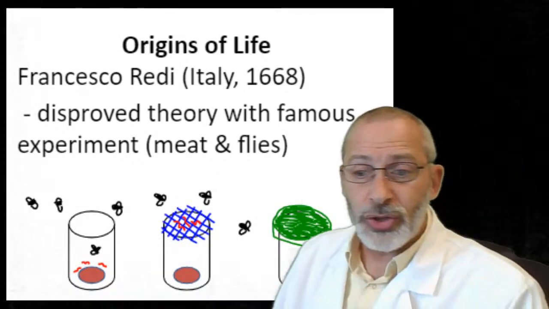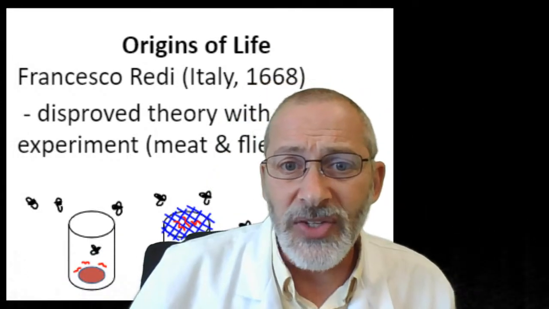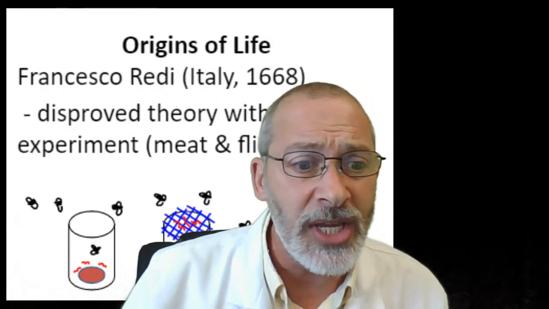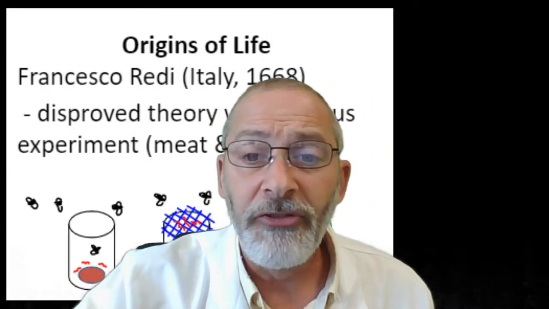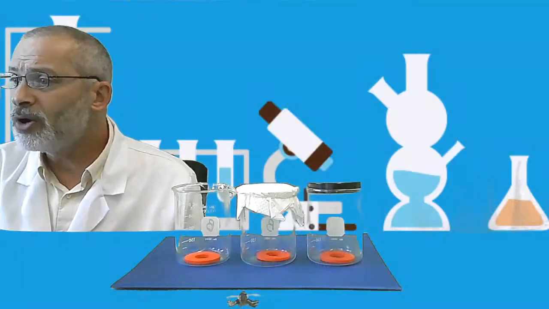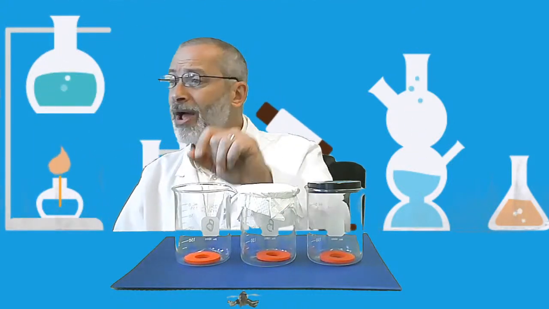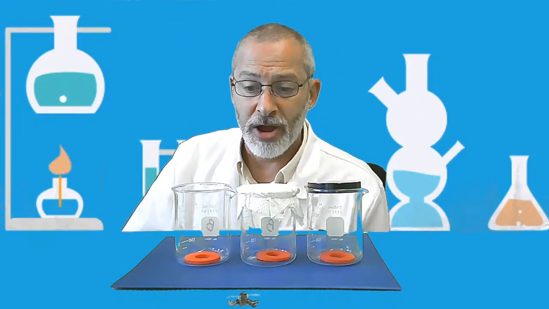And what I'd like to do right now is to try to replicate Redi's experiment by using my trained fly Freddy. And so let's go over to our close-up lab here, and we're replicating Redi's famous experiment.